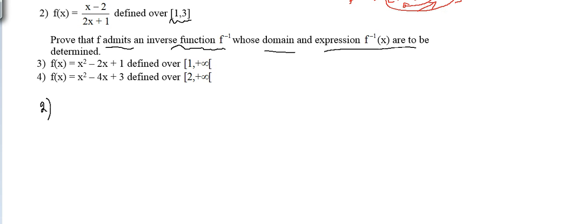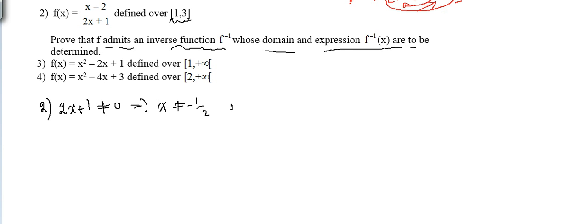What is the domain of f of x? Since it's a rational expression, and we don't have any radical in the numerator or denominator, it's just polynomials. The polynomial in the denominator should not equal 0. This means x should not equal minus half.